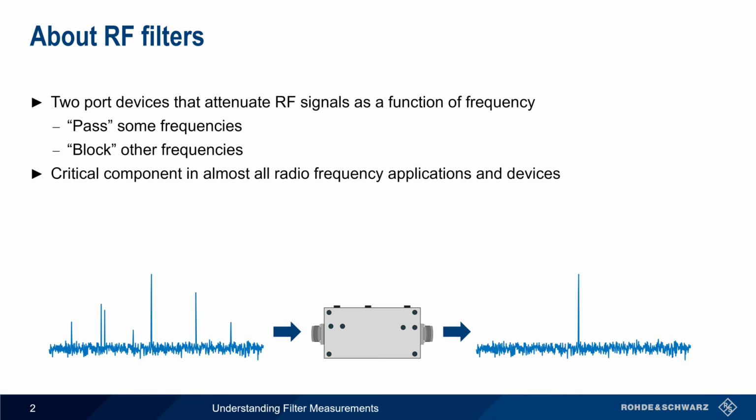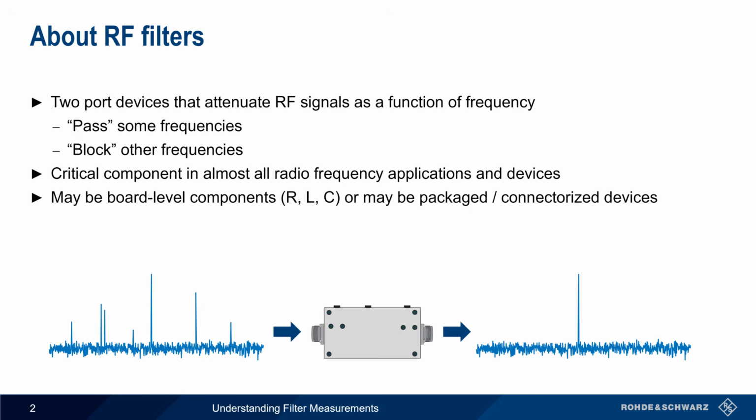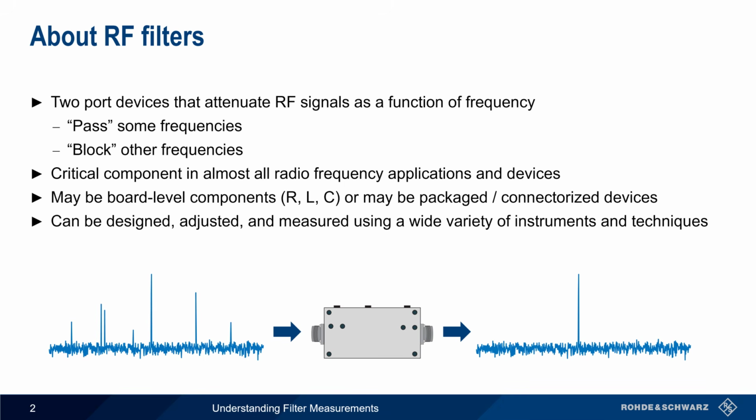Filters are critical components in almost all radio frequency devices and applications. They may be implemented at the board level using discrete components, or they may be packaged/connectorized devices. And as we'll discuss in just a few moments, a wide variety of instruments and techniques can be used when designing, adjusting, or measuring filters.